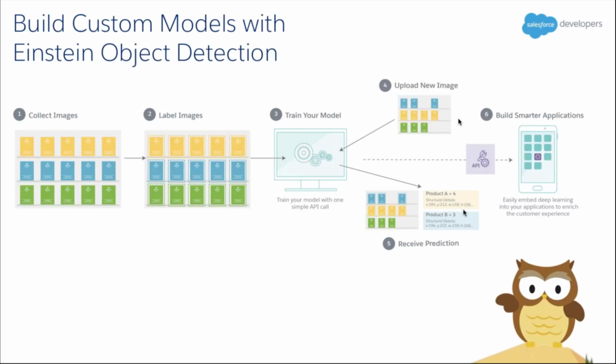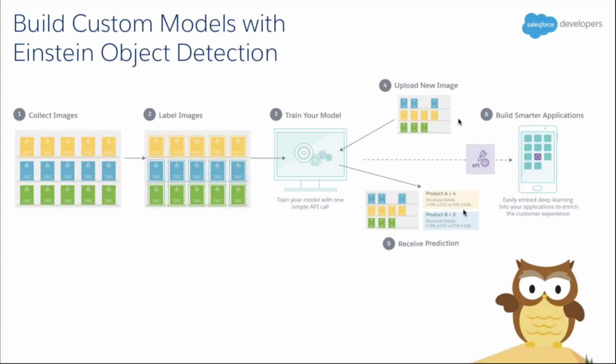Once the labeling is done, you basically zip all the pictures and this CSV with the coordinates, and you upload it using our APIs, or as Renee will show you, using our Lightning components. Then you make another call to train your model, and at that point, you get a model ID.